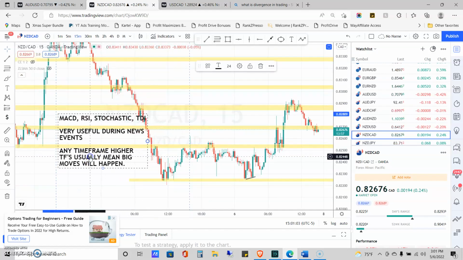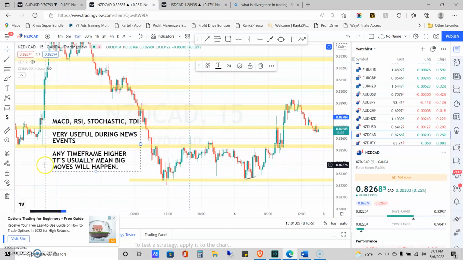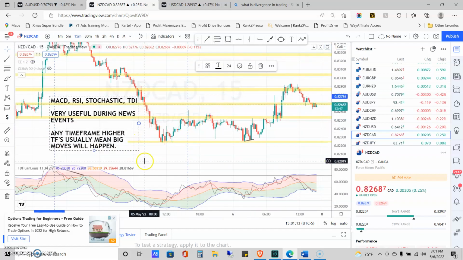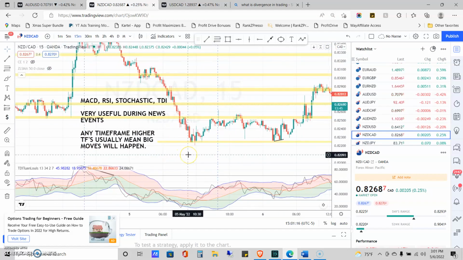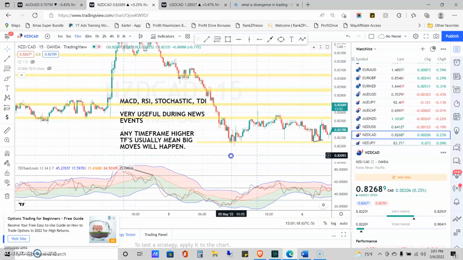I hope this helps you or gives you something else to throw in your forex arsenal. You can see it on the MACD, the RSI, the stochastic, and the TDI. The TDI is by far my favorite. I do use the stochastic quite a bit, but with this TDI, I use the Tawan Lewis. It shows everything in the markets, and it's really just a great indicator.